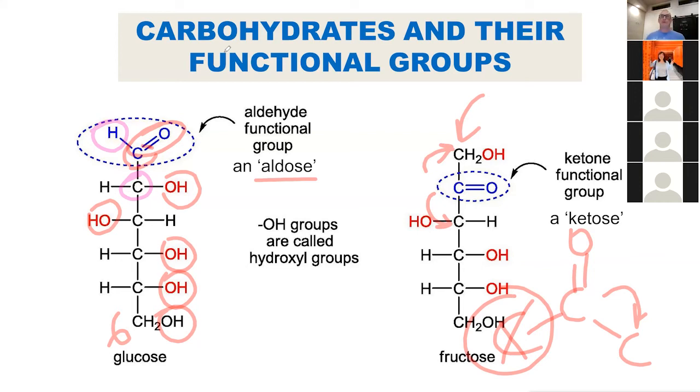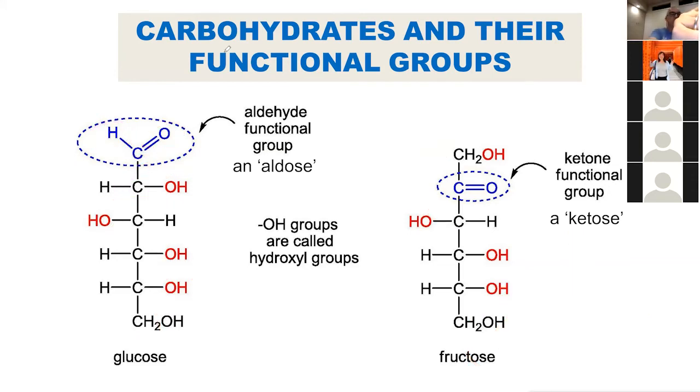So a ketone group will always be somewhere in the middle, but it won't be at the end. But we still have the carbonyl group. And so we call those ketoses rather than aldoses. And fructose is a ketose. So it has a carbonyl.